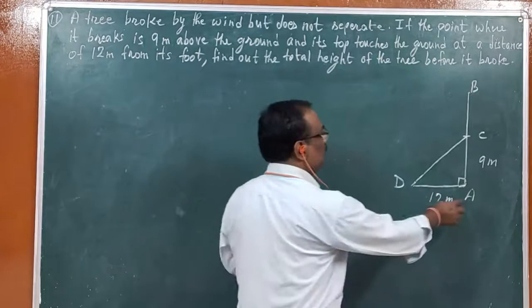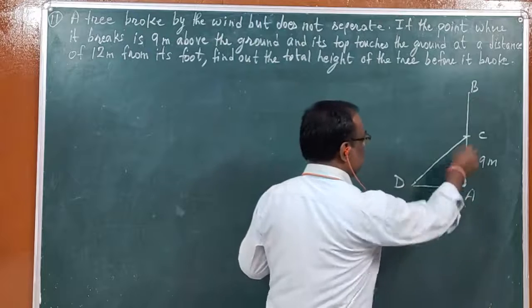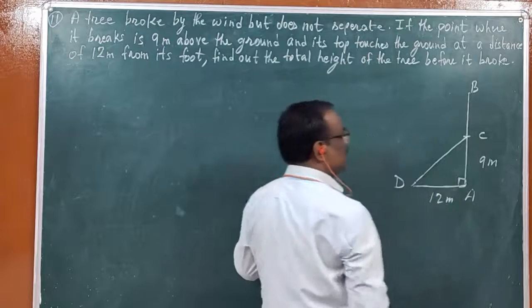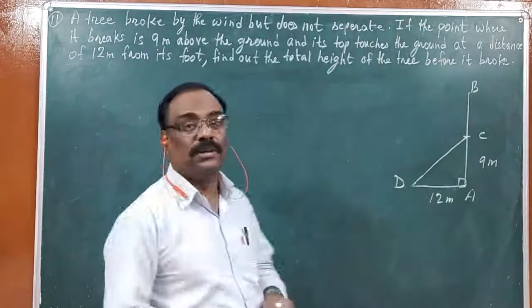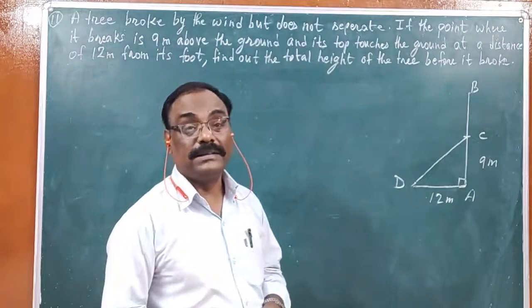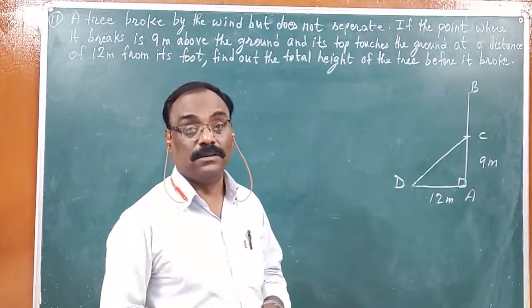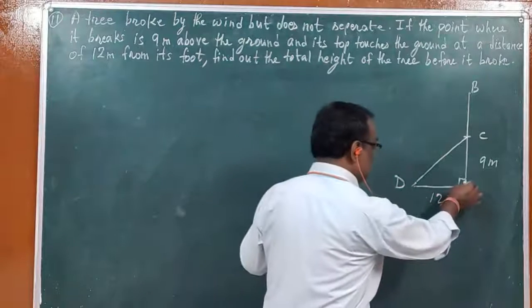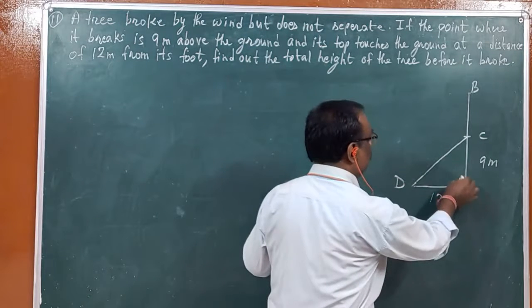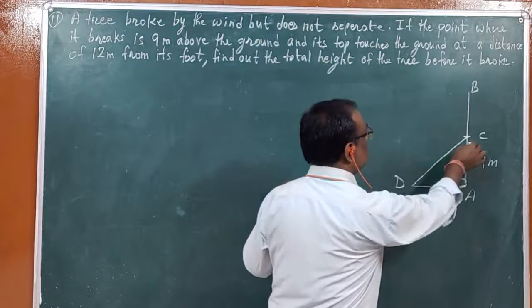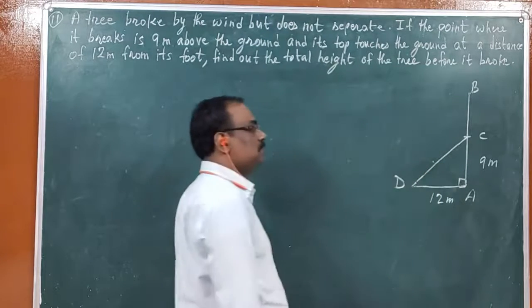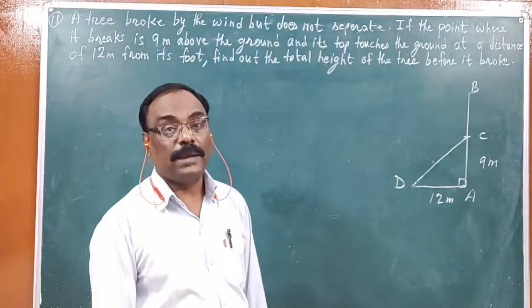And if we take DAC or CAB, this is looking like a triangle. And this triangle is a right angle triangle. The right angle is made at A. The opposite side of A is C and D. So this is our hypotenuse. That CD is our hypotenuse.